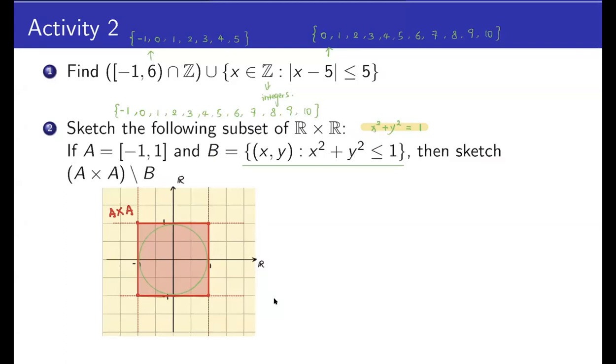Now, I drew out this, but what we need is this. So which part exactly is x squared plus y squared less than or equal to 1? The entire area of the circle. So are we talking about inside of the circle or outside of the circle?